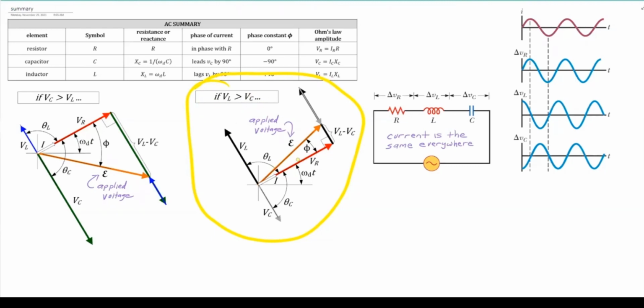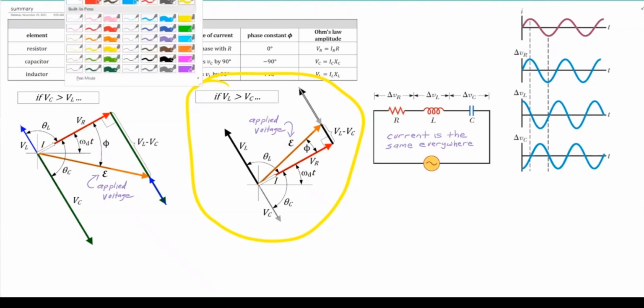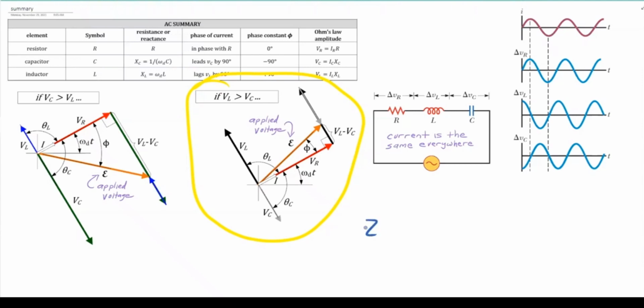Right now I'm saying this is where the expression for impedance came from. Remember, impedance Z equals the square root of R squared plus (XL minus XC) squared. Where did that come from? It came from the Pythagorean theorem.